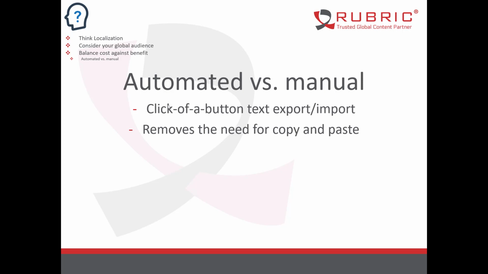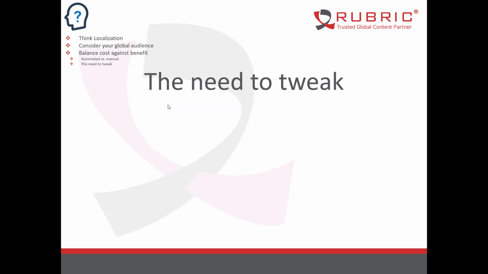Coming back again to this question of analysing and weighing every area that requires localization effort, another key one is the need to tweak content after translation. This is normally to do with layout and design, having to change to make things fit, for example.